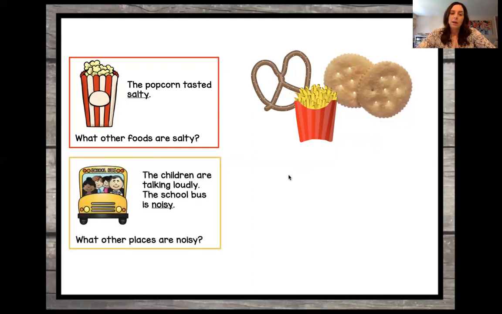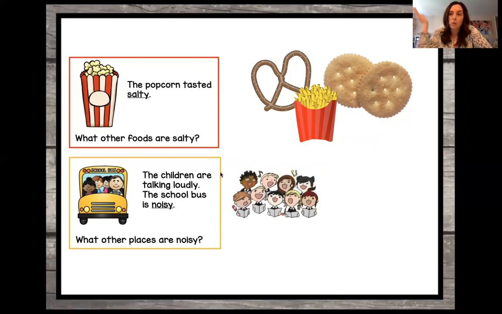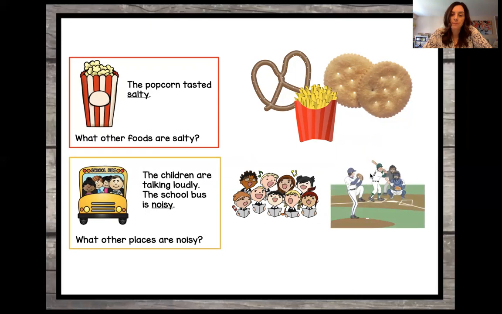Let's look at another example. The children are talking loudly. The school bus is noisy. So now let's think about some other places that are noisy. So we're going to think about a time that we've experienced a place that was noisy. Well, first of all, when kids are singing in a concert, that's pretty noisy. And baseball games are noisy.